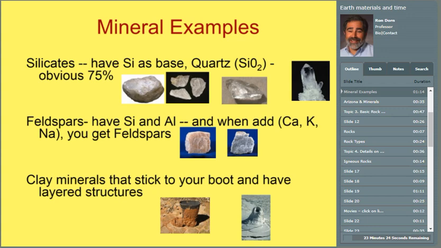So feldspars have both silica and aluminum, and then when you add in an extra cation, a positively charged ion, a calcium, a potassium, a sodium, you get different types of feldspars. These minerals, quartz and the different feldspars, typically solidify from molten magma, making up different parts of igneous rocks.